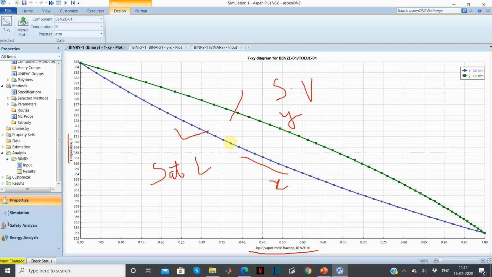Draw a horizontal line at temperature 370 Kelvin. You can observe that the mole fraction of benzene in liquid phase is 0.37 and the mole fraction of benzene in vapor phase is 0.57. As expected, the vapor is richer in the lighter component, which is benzene.